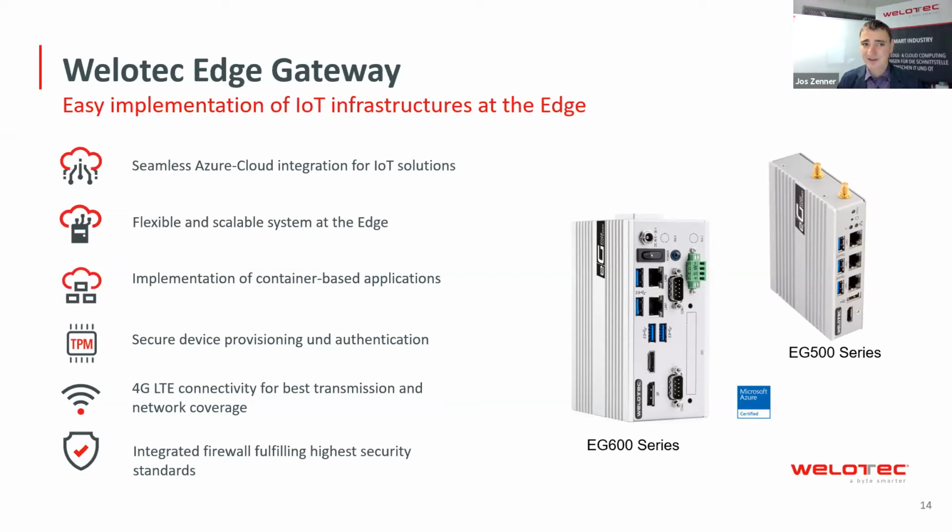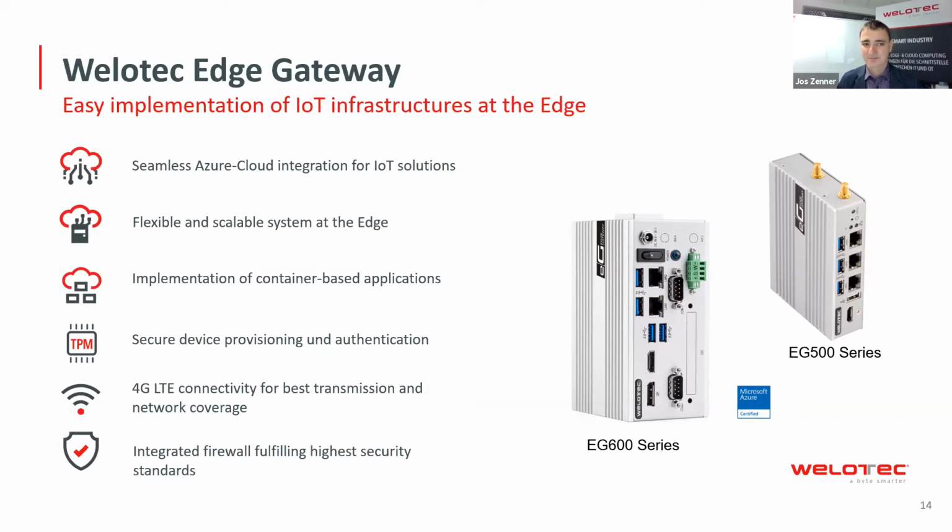They are prepared for seamless integration in Azure Cloud and other cloud systems. They are very flexible at the edge. They are made and built for containerized applications. So all the advantages that you can do based on containers can be used with them.